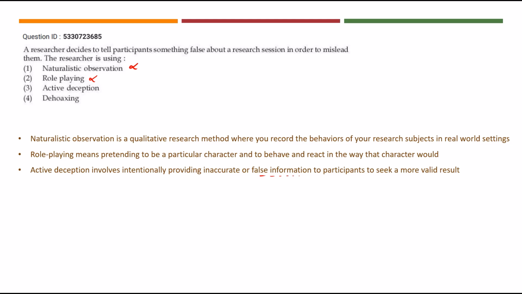It involves intentionally providing inaccurate or false information to participants to seek a more valid result. So here it is about false information and this is perfectly matching the phrase in the question, something false about a research session. So we can go with option number 3, active deception as the right answer.